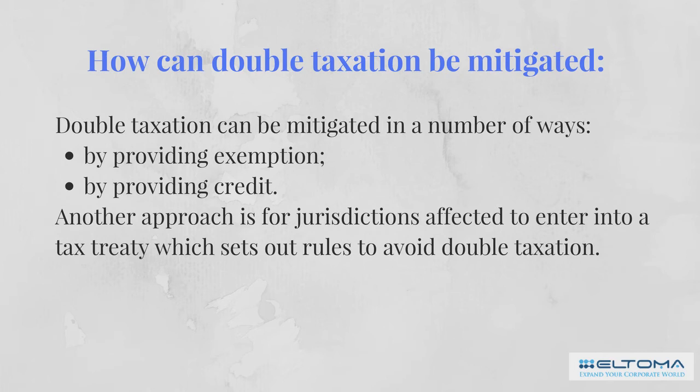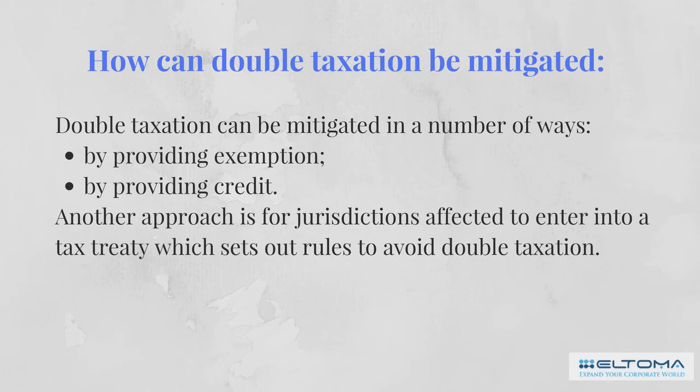So how can double taxation be mitigated? Double liability can be mitigated in a number of ways. For example, the main taxing jurisdiction may exempt foreign source income from tax. Secondly, the main taxing jurisdiction may exempt foreign source income from tax if tax had been paid on the same income in another jurisdiction or above some benchmark, to not include tax haven jurisdictions.